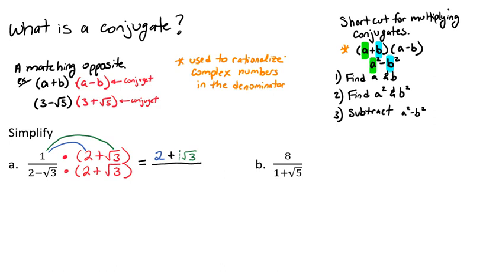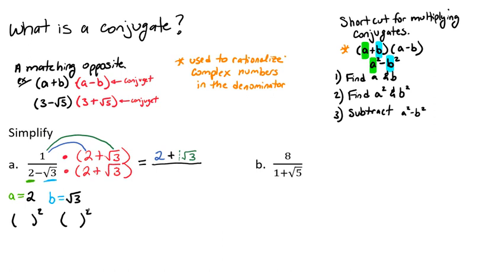So we're going to start off by finding our a value. Our a value is 2. Then we need to find our b value, which is the square root of 3. Then we're supposed to square those values. So it says to find your a squared and your b squared.